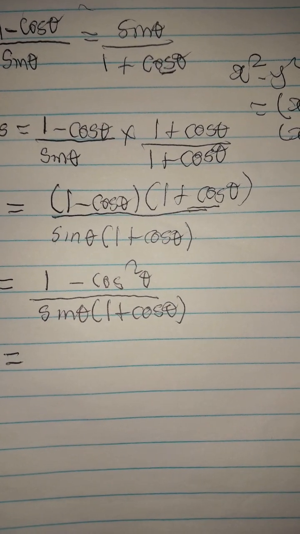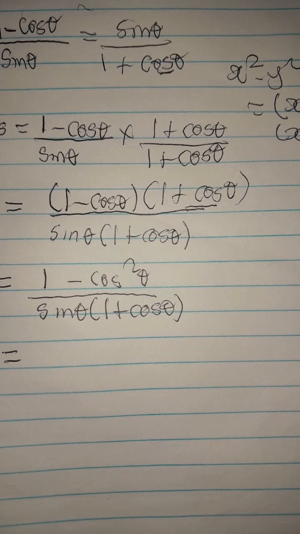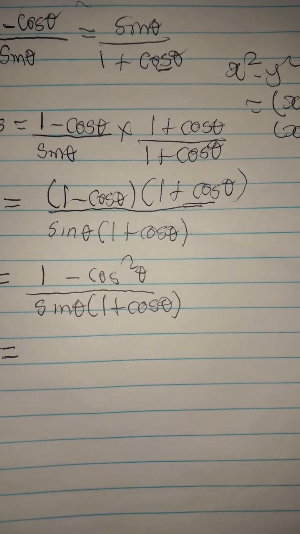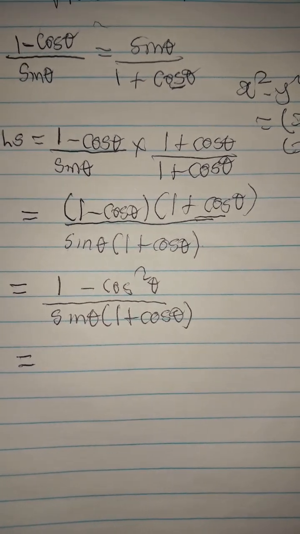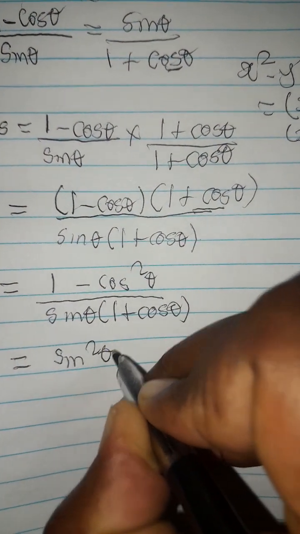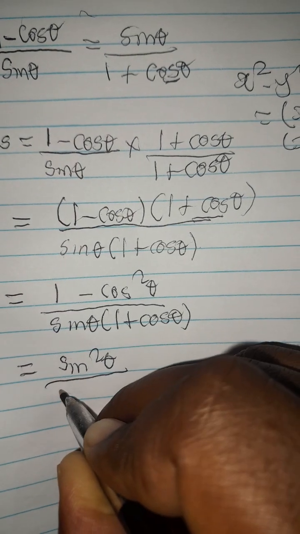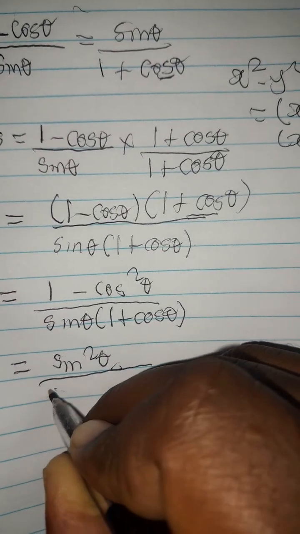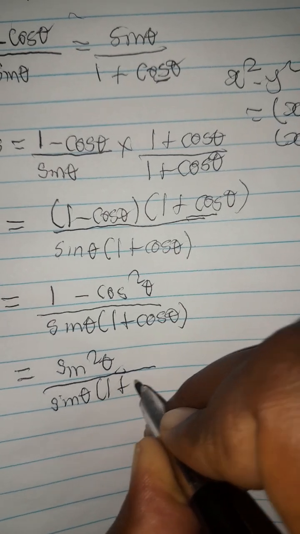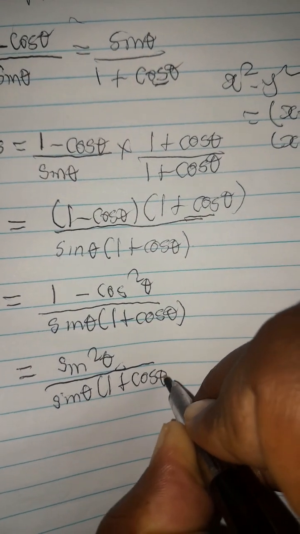Remember from what I told you, whenever you're given 1 minus cos squared theta, it's the same as having sine squared theta, from our square identity. So we are going to put sine squared here. And we're having what here? We're having sine theta as well as 1 plus cos theta.